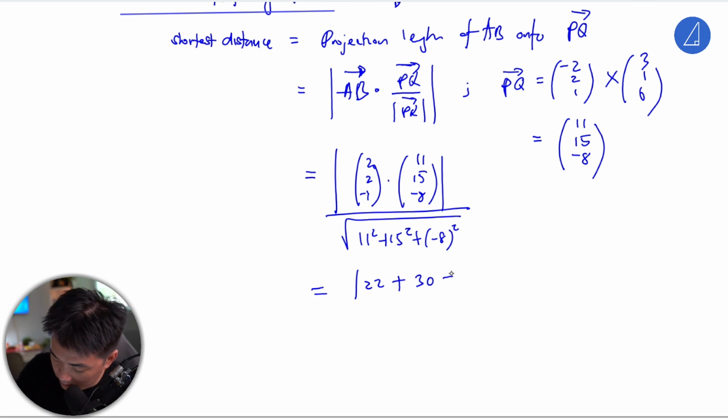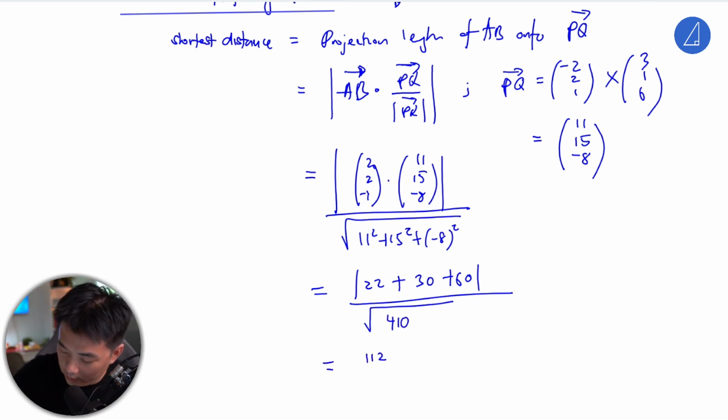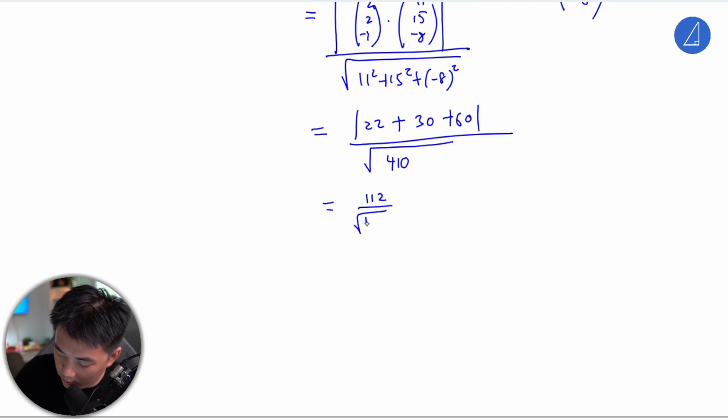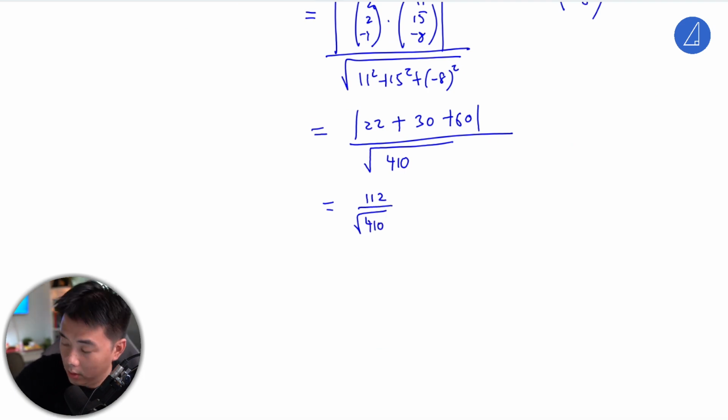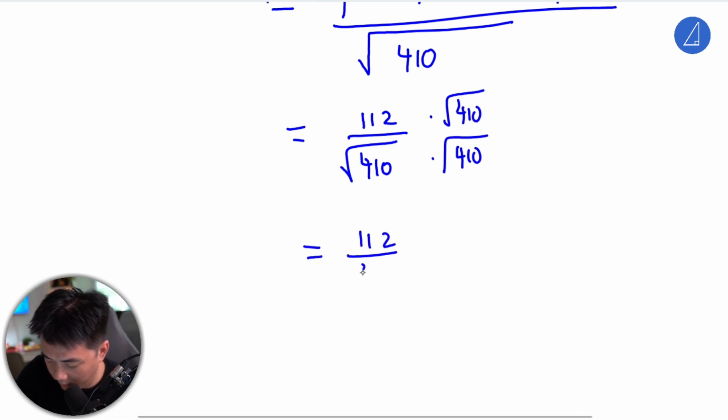That will be 60. I'll use the second method to check my answer. Okay. Over here will be square root 410. So I think I'll just rationalize the denominator. I mean, you can leave your answer in this form, not an issue. So what we're gonna get is 112 over square root 410.